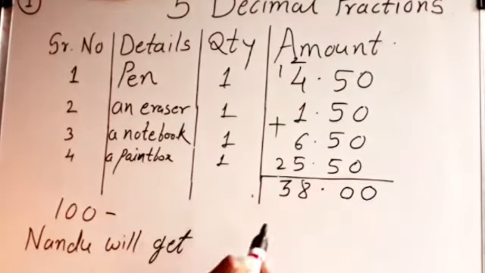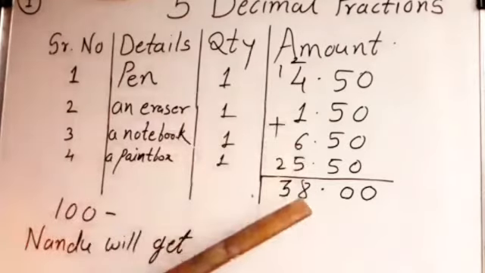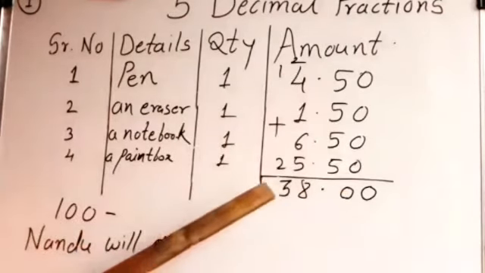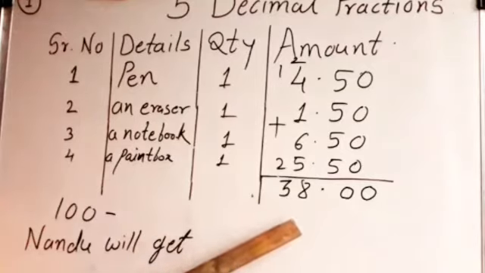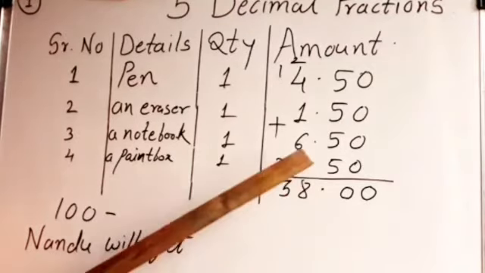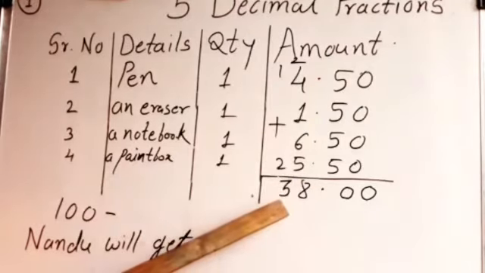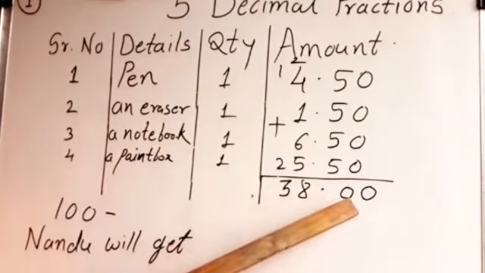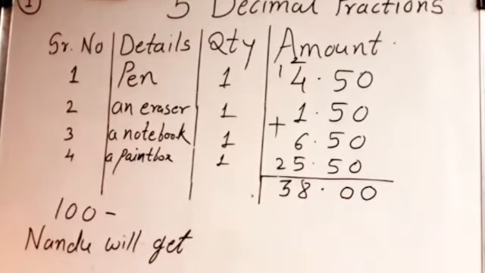This decimal point I will give as it is. Okay. Though the decimal point is there, when we add, we do our regular addition, and in that way only I have done. So this addition came 38 rupees and 0 paise, means 38 rupees. Now his total bill was 38 rupees.